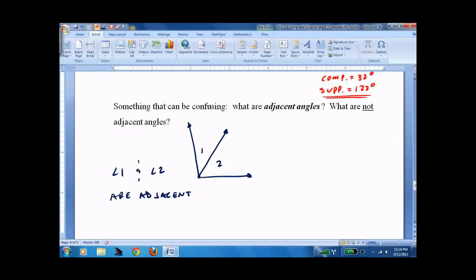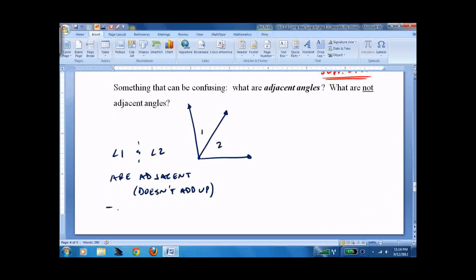And complementary and supplementary did add up. They gave us 90 and 180. Adjacent does not add up. It just means they're next to each other, with one side overlapping.